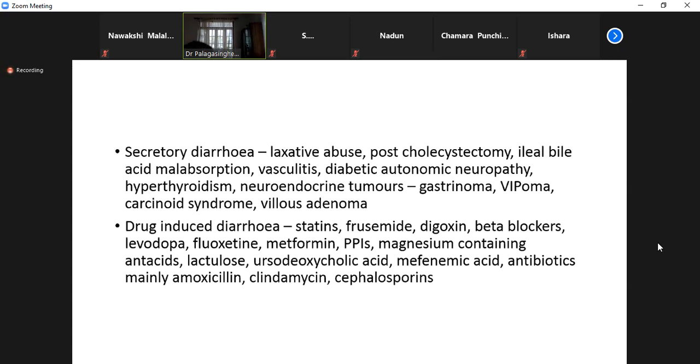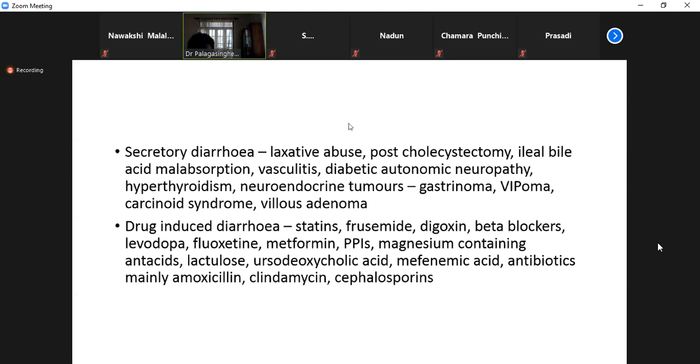What does it stand for? Anyone? Selective inhibitory peptide. Receptive inhibitory peptide. Okay.